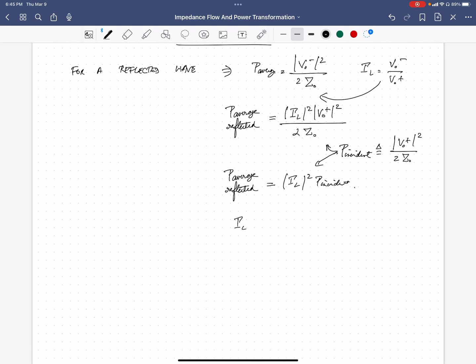So gamma sub L squared is the ratio between the reflected and the incident powers.